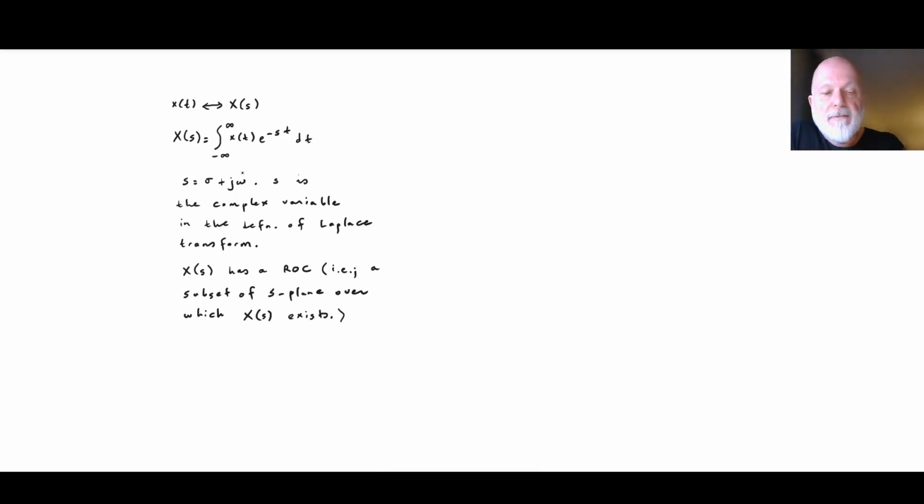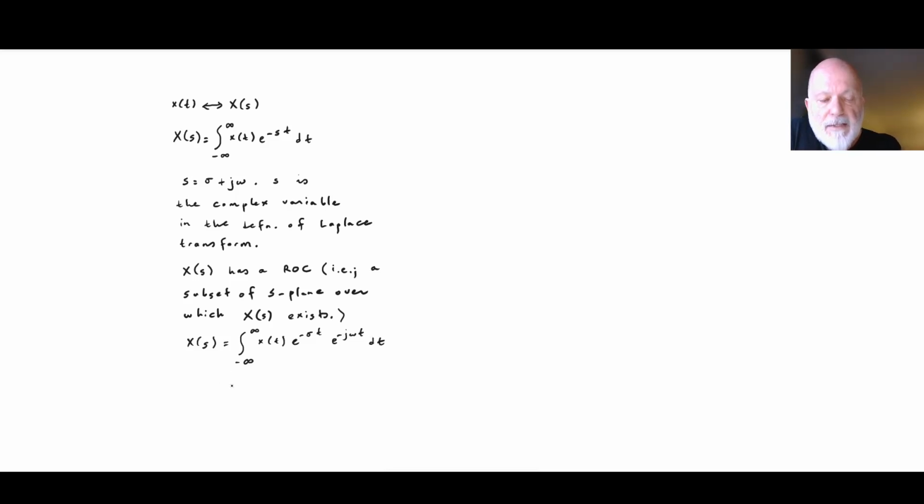Okay, and if we write down X of s in the following form, from minus infinity to plus infinity, x of t, now instead of s, let us write sigma plus j omega. So we have e to minus sigma t, e to minus j omega t integrated with respect to t.